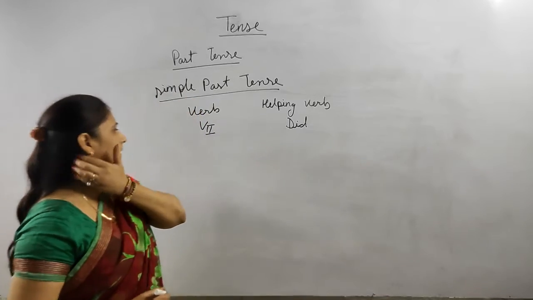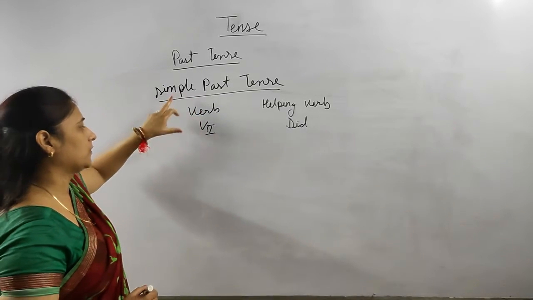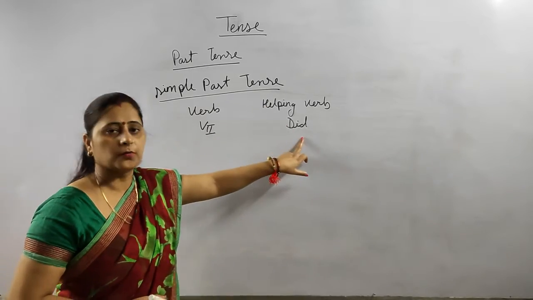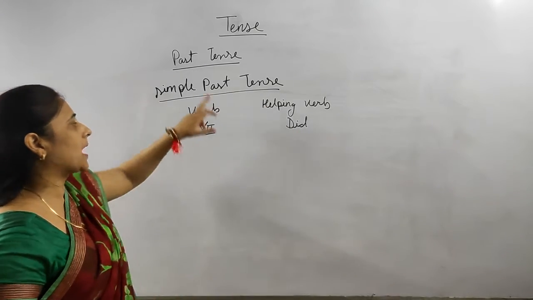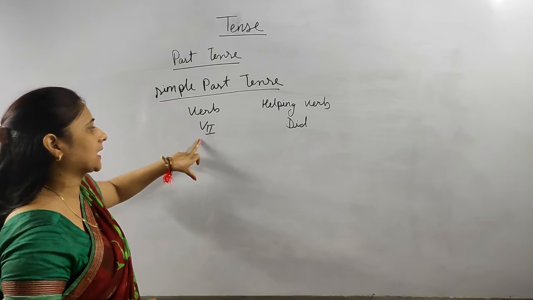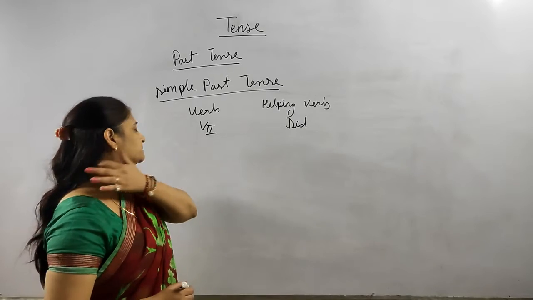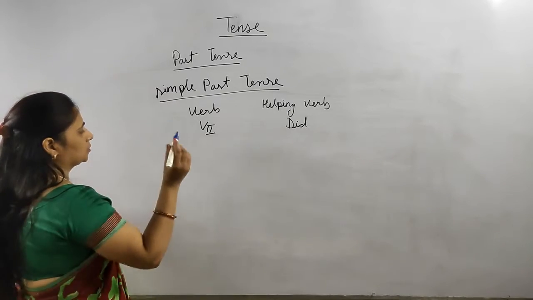It means in simple present tense we have used the first form of the verb and the helping verb do, but here in past tense we are using the second form of the verb and the helping verb did. Look at the example.